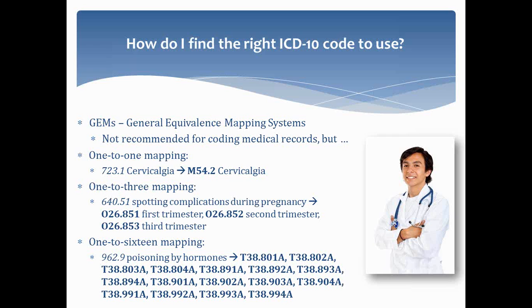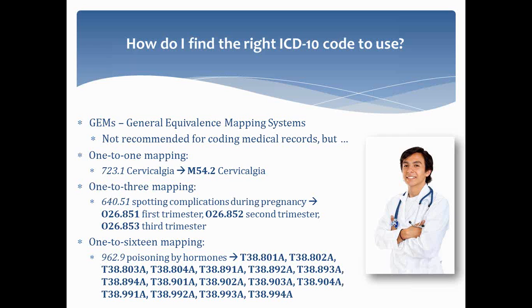So if you look up any obstetrics code, there are basically 3 times as many now because they've created a code for every trimester of pregnancy. And again, you can see why there's so many more codes in ICD-10. So here's a little bonus. In ICD-10, all the obstetrics codes start with the letter O, which is kind of nice. So if it's obstetrics, it starts with an O.